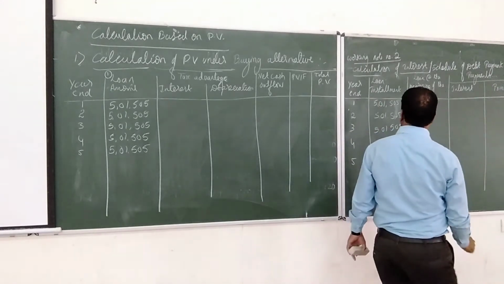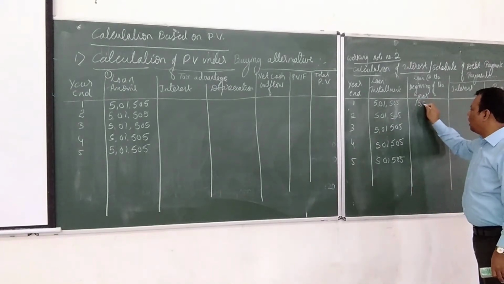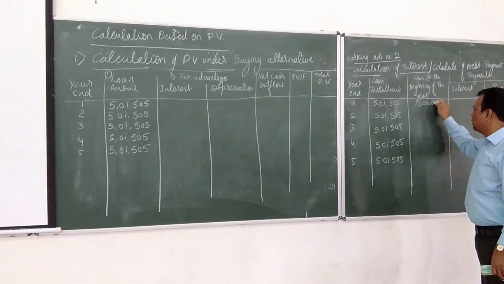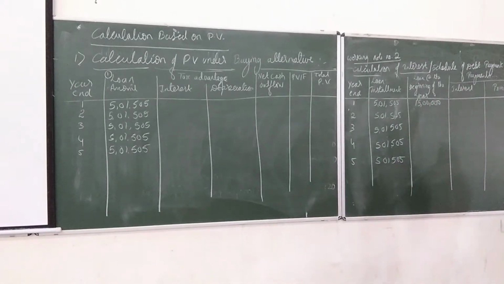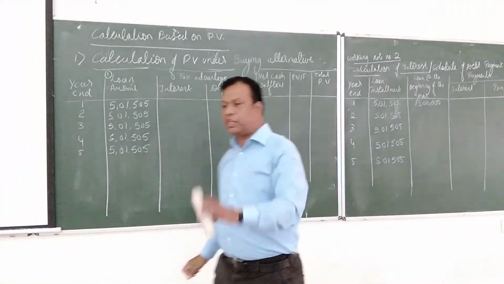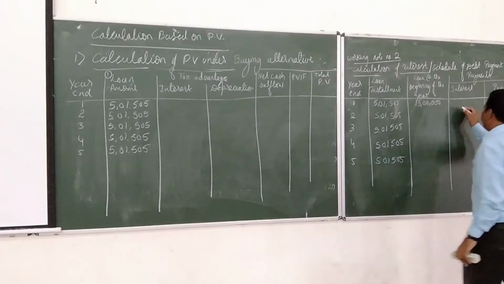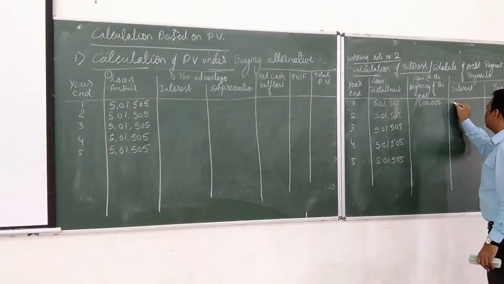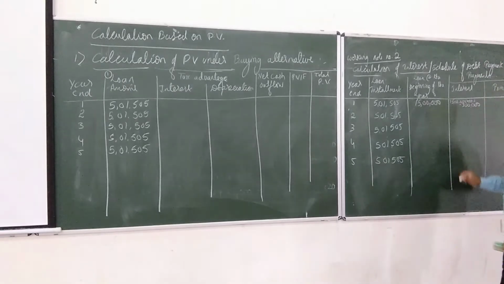So how much is the loan at the beginning of the year? What is the cost of the machine? 15 lakh, right? 15 lakh was the loan at the beginning of the year. So how much interest do we need to pay? 15 lakh into the rate of interest, 20%. 15 lakh into 20% comes to 3 lakh.